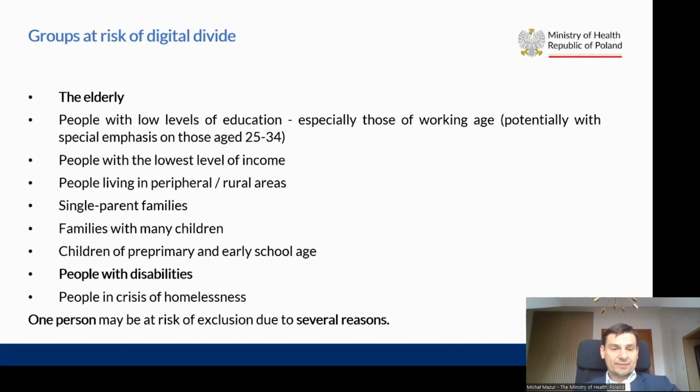And what are the groups at risk of digital divide in Poland? It's the elderly, people with low levels of education, especially those of working age, potentially with special emphasis on those aged 25 to 33, people with the lowest level of income, people living in peripheral, rural areas, single-parent families, families with many children, children of primary and early school age, people with disabilities, and people in crisis of homelessness.